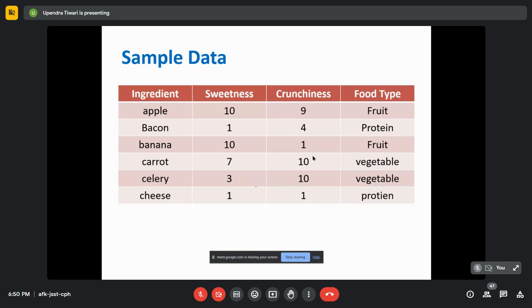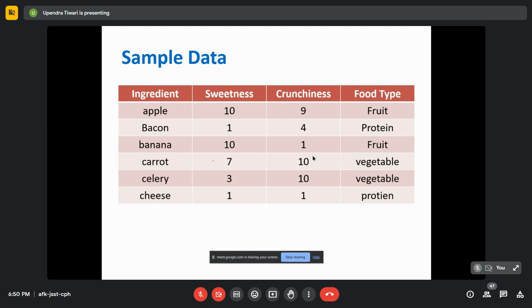For example, consider this sample data. In this sample data we have ingredient, sweetness, and crunchiness. We have these 3 inputs, and on the basis of that, what is the food type? Suppose the ingredient is apple, the sweetness is 10, and the crunchiness is 9.